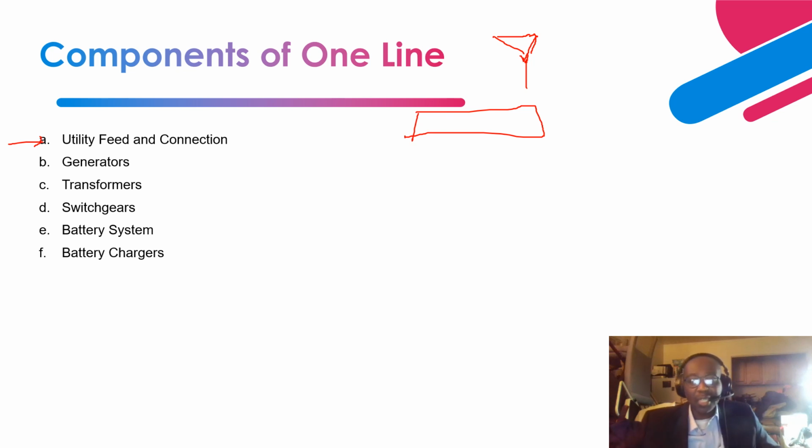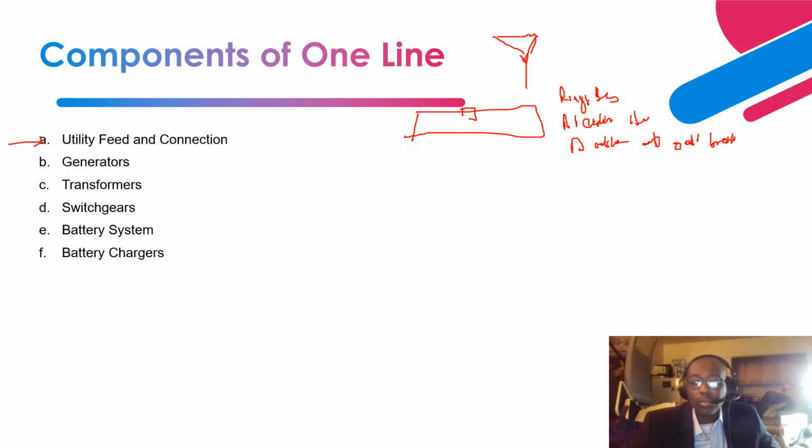On the other hand, it can be represented by many configurations of substation bus layout. We have different bus layouts: we have the ring bus, we have the breaker and a half, we have a double bus and double breaker, okay. Then we have a single bus.